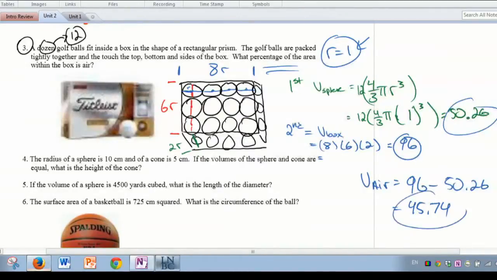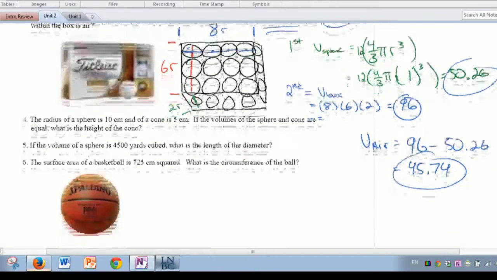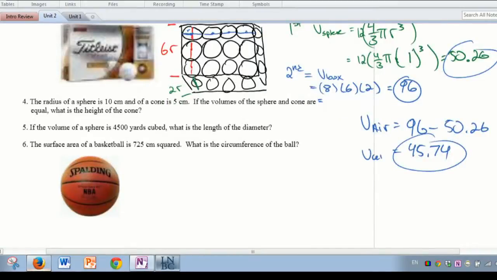So if this 45.74 is air and the total is 96, if I want to figure out the percentage of air, I need to take the volume of the air divided by the total volume. In this case, the total volume is actually the volume of my box.